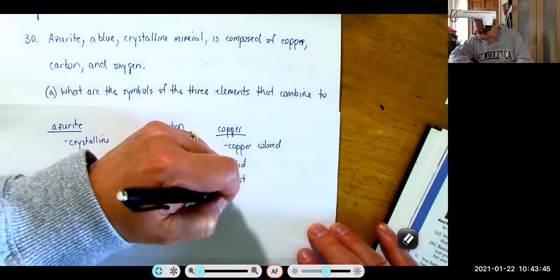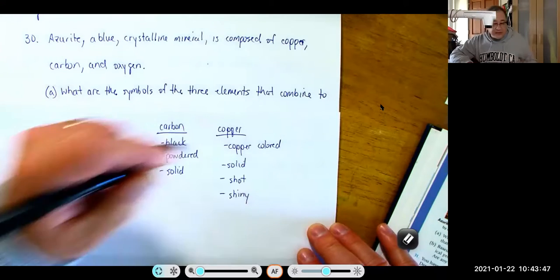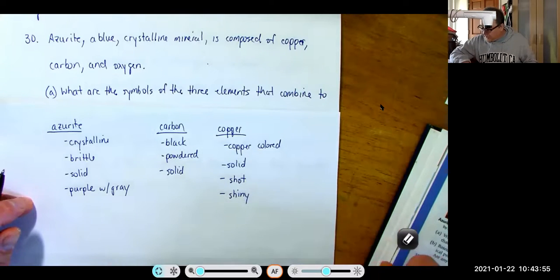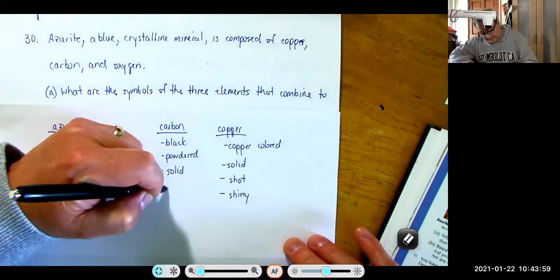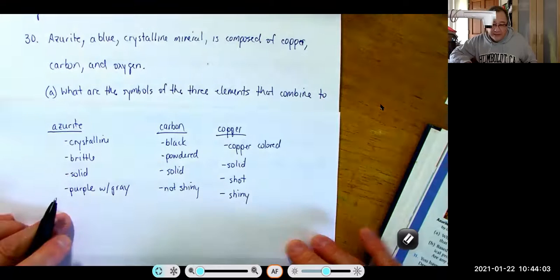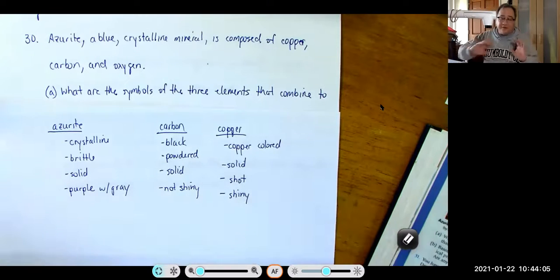There is one more thing we can put about the copper. It's shiny. And the reason that's important is metals are shiny. Non-metals usually are not. And I think you could look at the carbon and say it's not shiny. The thing about crystals, though, is they invariably, because of their jaggedness, reflect light differently.